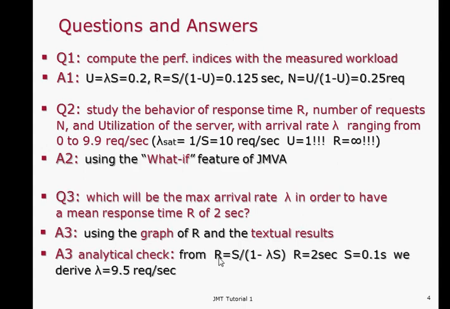We have from the formula of response time, that is S over 1 minus lambda S, knowing that R should be 2 seconds and S is 0.1 seconds, we may derive lambda. Lambda in this case is 9.5. That coincides with the value that we obtained with the model.